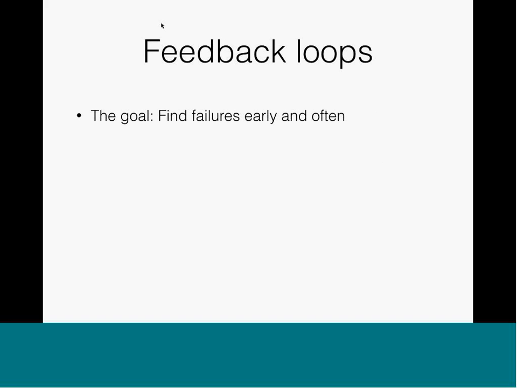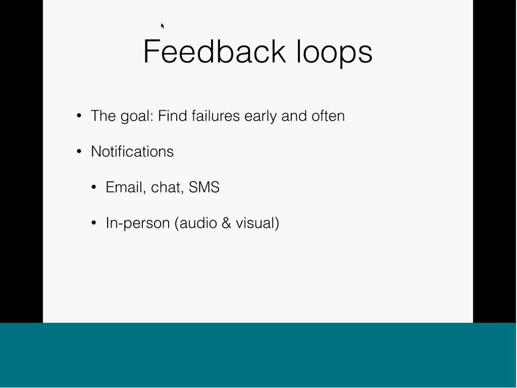And by feedback loops, what I mean is the goal here is to find failures early and often. And the way to do that, I think, is to enable notifications after you've automated your test runs to make sure that the right people get notified when something is broken. The easiest ways to do that are things that are readily available, like email, chat, SMS. There are integrations for CloudBees and Jenkins to enable that very easily.